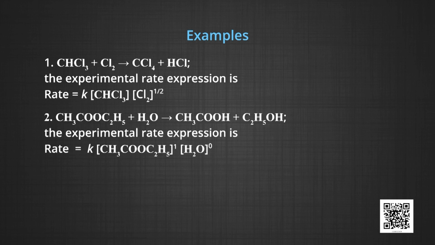Another example, CH3COOC2H5 plus water. CH3COOC2H5 is an ester and this is an example of hydrolysis of ester. What we get is rate equals k, [CH3COOC2H5] raised to power 1 and molar concentration of water raised to power 0.